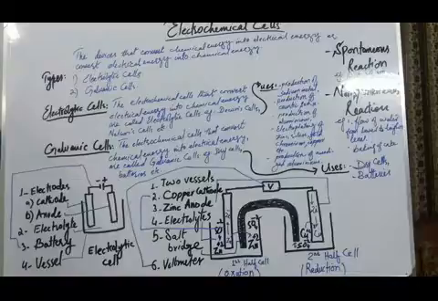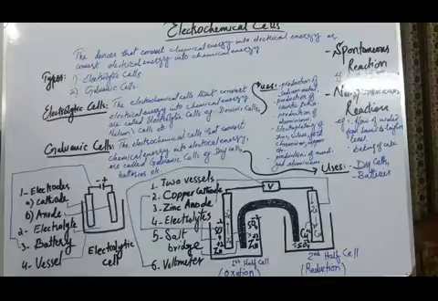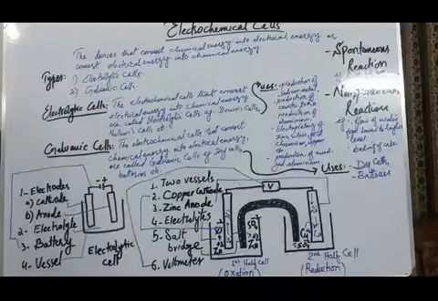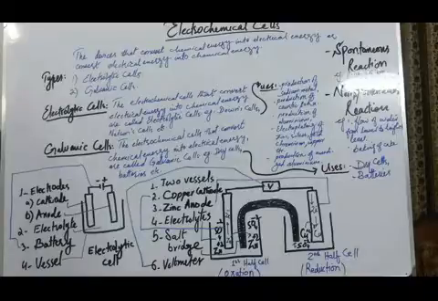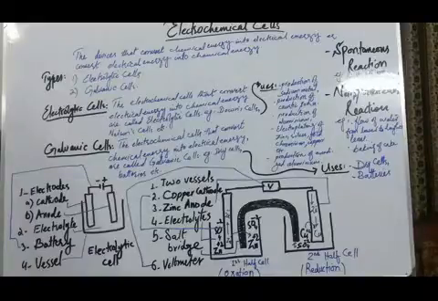The electrodes used here are a copper cathode and a zinc anode. The copper cathode is connected with the zinc anode through the voltmeter, and the function of the voltmeter is to measure the electricity.